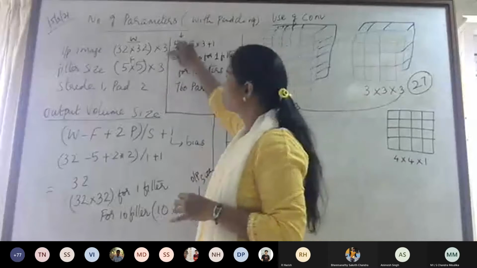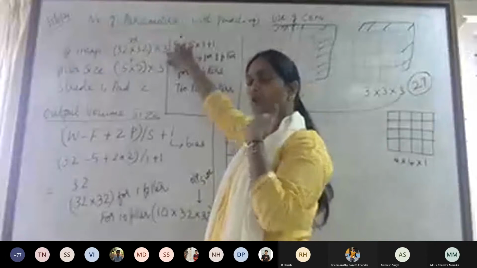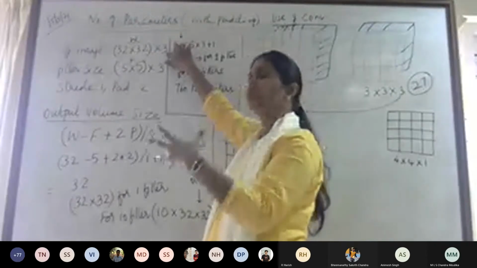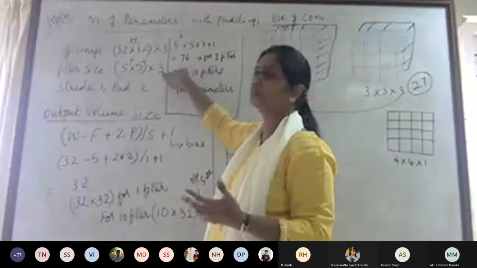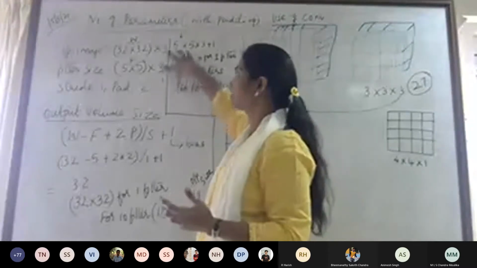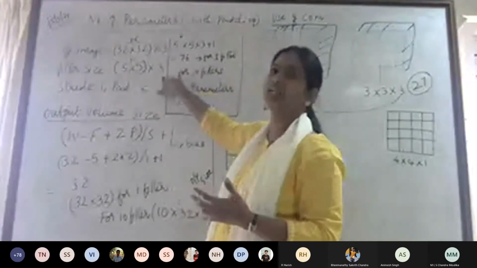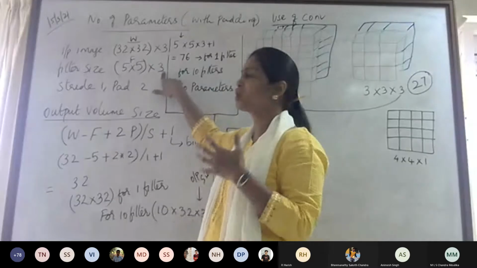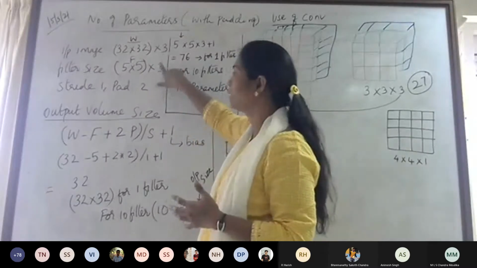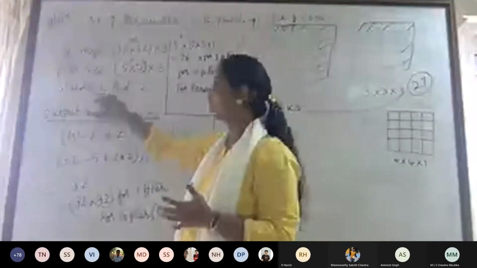Whenever your input image has RGB colors, then your filter should also have 3. So this 3 and this 3 should match. Suppose it is grayscale, then this is 1 and this is also 1. So this 3 and this 3 should ideally match always. Please remember that. Okay. And assume I'm moving pixel by pixel. My stride is 1.